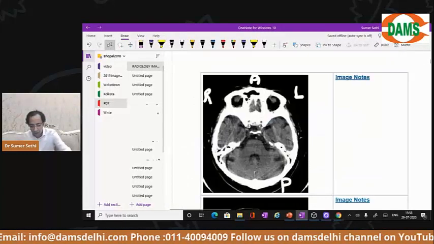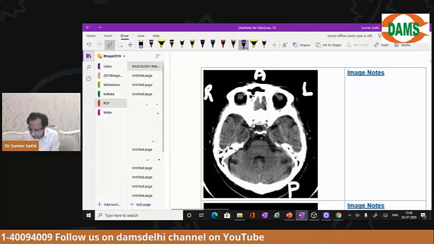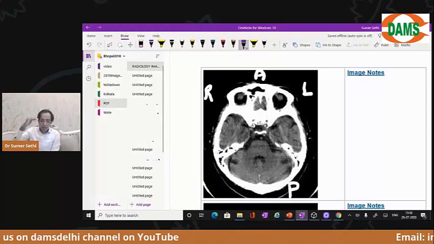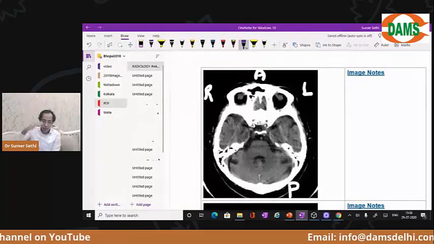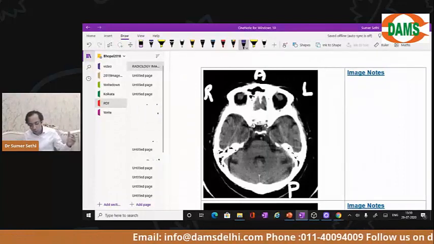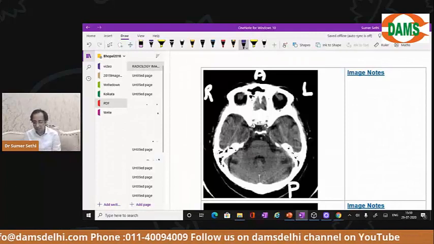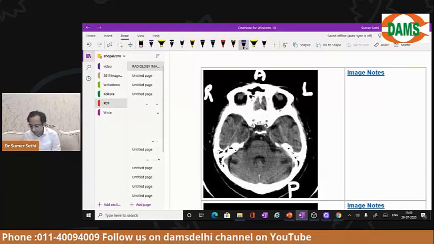So let's see again. Whenever we look at the CT scan of the brain, the top of the image is anterior and the bottom of the image is posterior. Then, opposite to your right, you will have the right side, and on the other side, you will have the left side. Everybody clear?